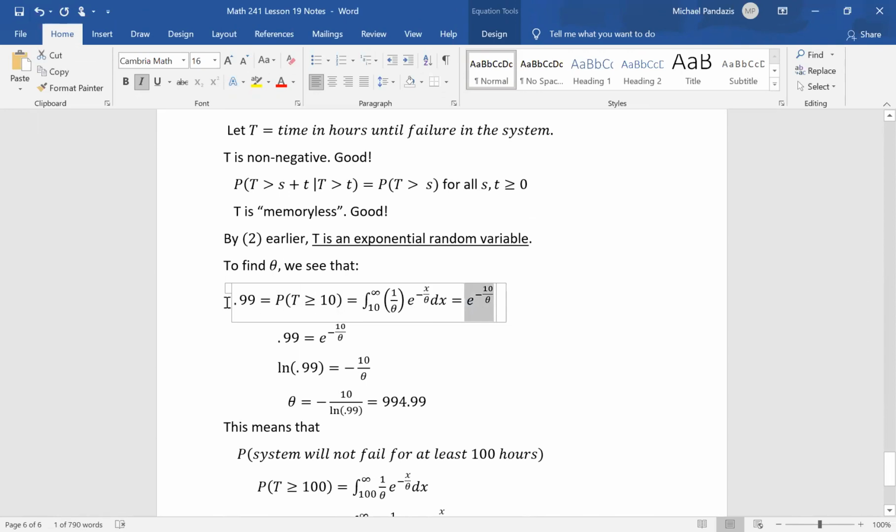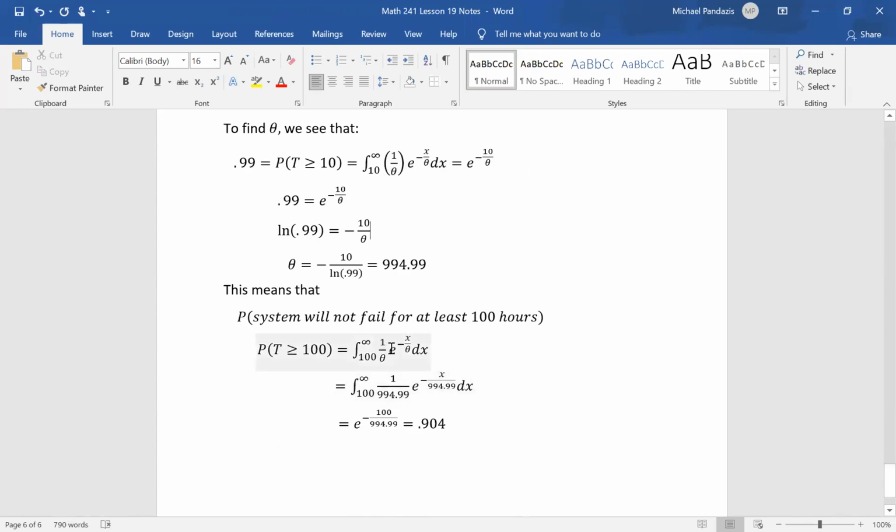You know this expression equals 0.99, and you solve for theta. And now that you know theta, you know what the PDF is. Before you didn't know theta, right? You needed this equation to find theta. Now that you have the PDF, you can calculate this probability to get the answer. Okay, so all of that was this example 5.13.